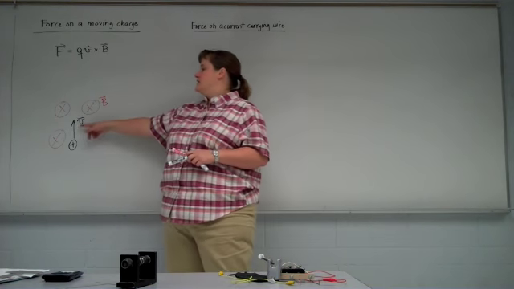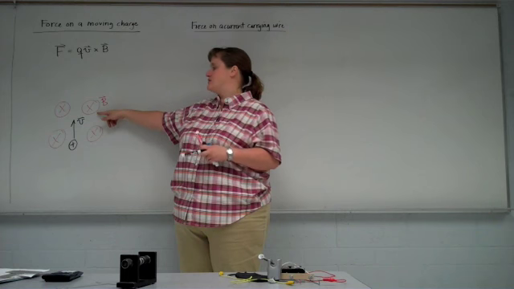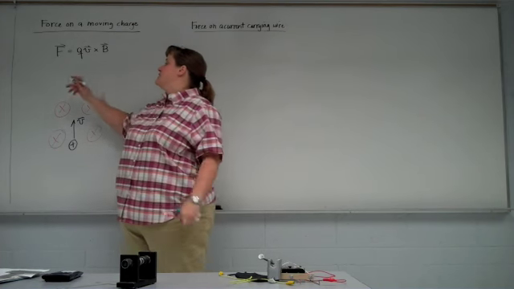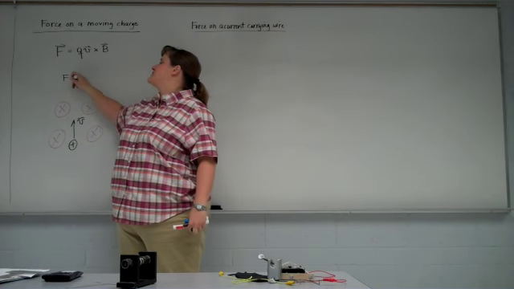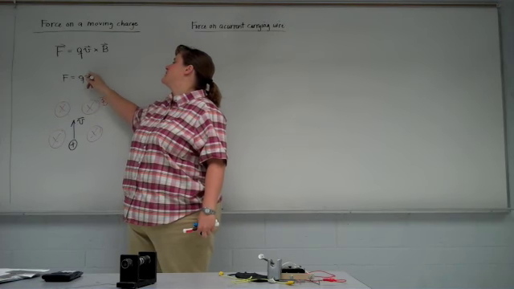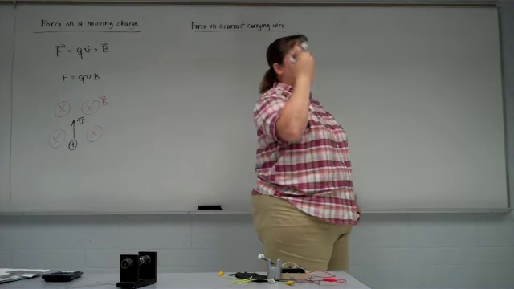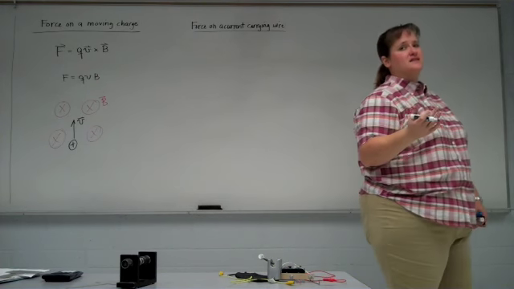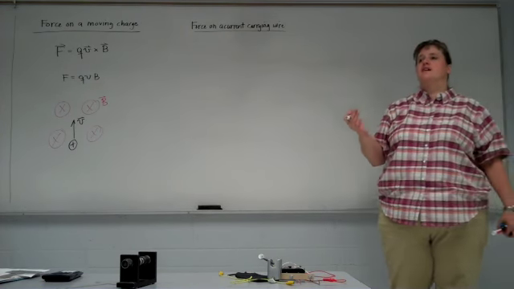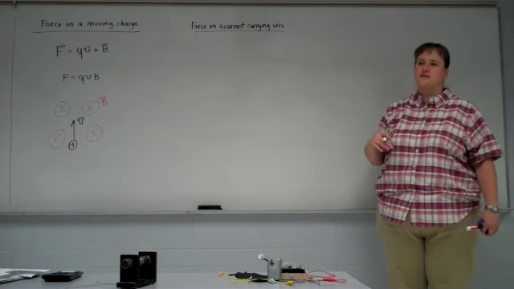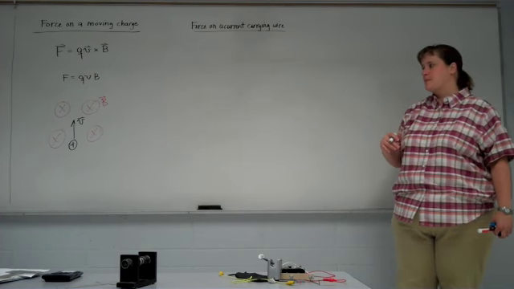So the velocity is perpendicular to the magnetic field. So the magnitude of the force would simply be QVB. If the velocity is not perfectly perpendicular, then you just have to find the component of the velocity that is perpendicular.